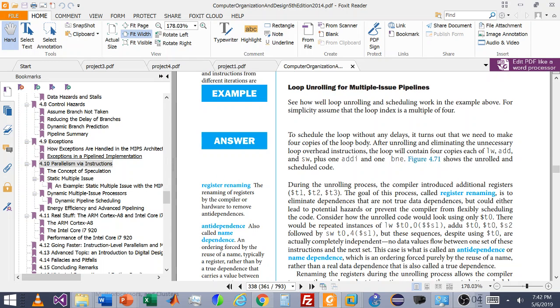But again, kind of building up our momentum here, a refresher. In chapter 4 we discussed how you can unroll a loop.